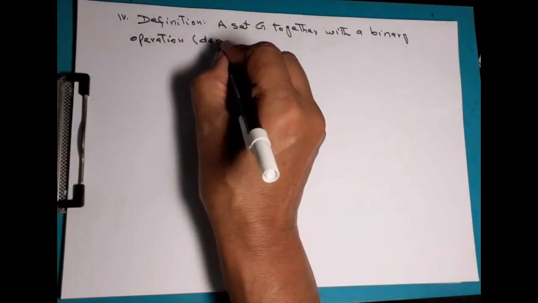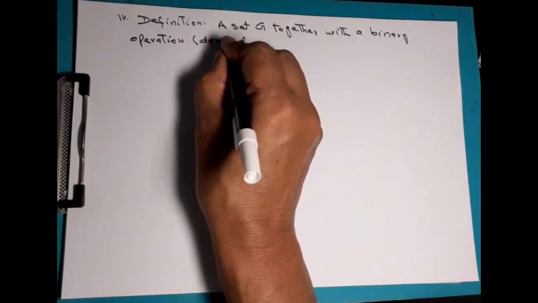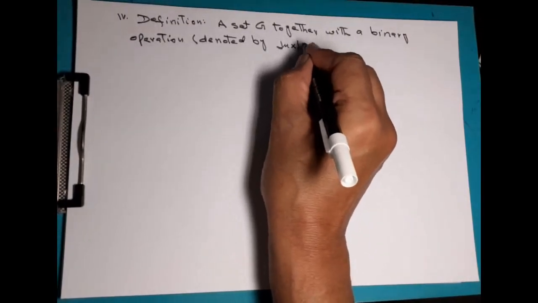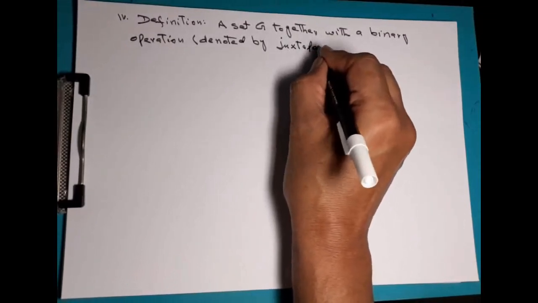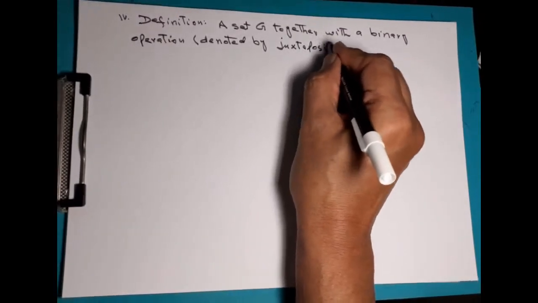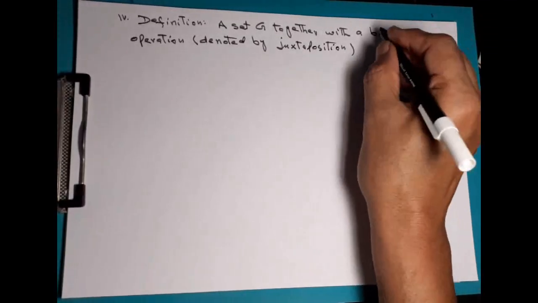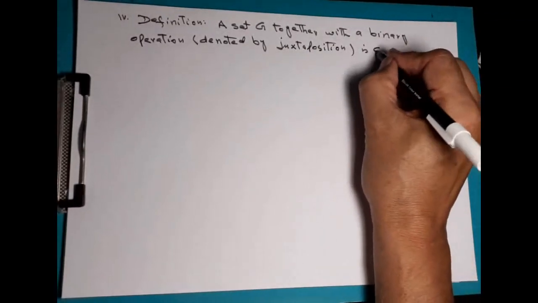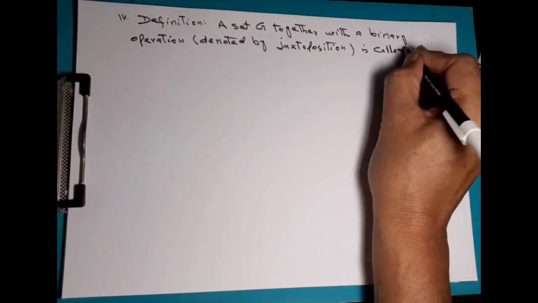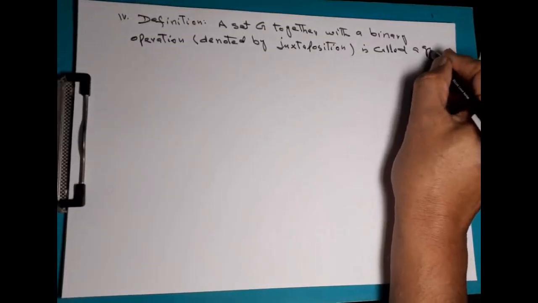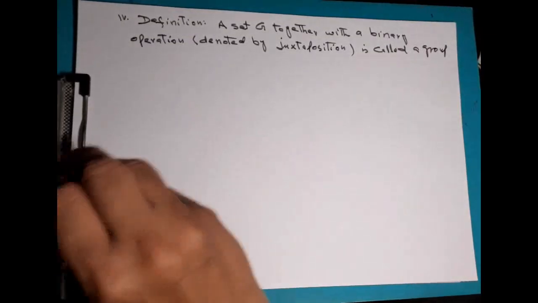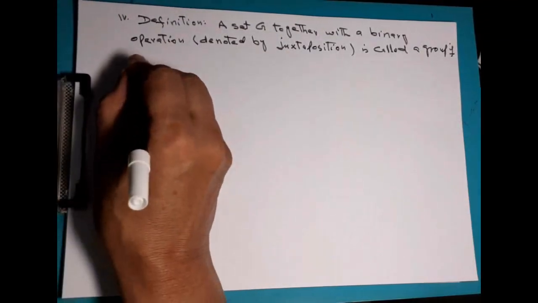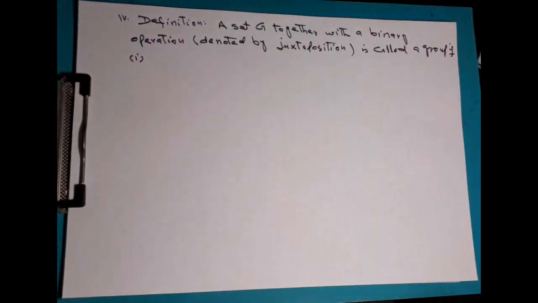So denoted by juxtaposition, a set G together with a binary operation is called a group if these are the conditions. First of all, the first condition you mostly call the closure law.